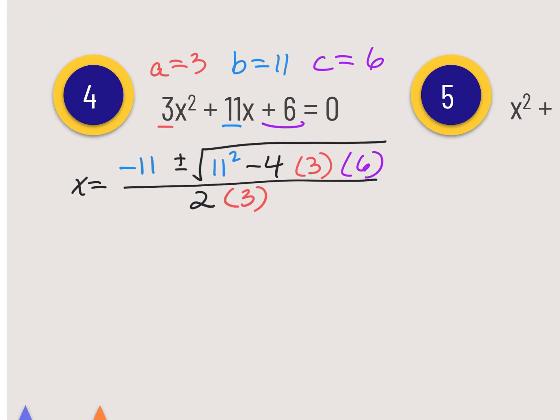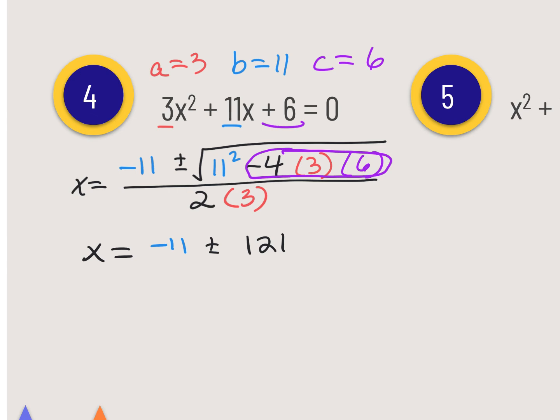Let's simplify. So x is equal to negative 11 plus or minus, and then I get 121, which is 11 squared. And again, I'm going to multiply this as a negative 4 times positive 3 times positive 6.